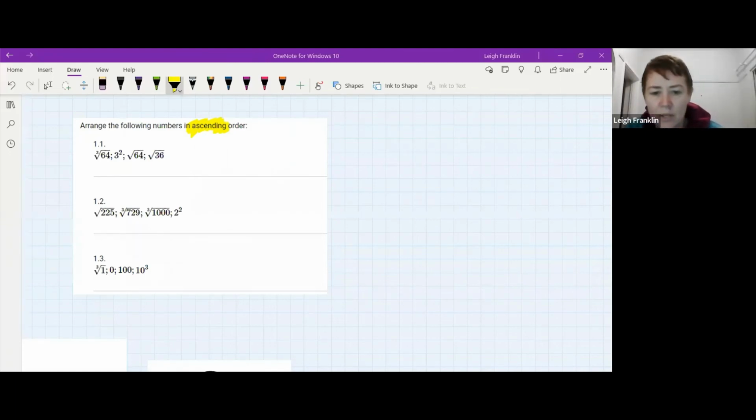Tabani, what is ascending order? Ma'am, I think it's biggest to smallest. Biggest to smallest, I'm afraid that's not what it means.